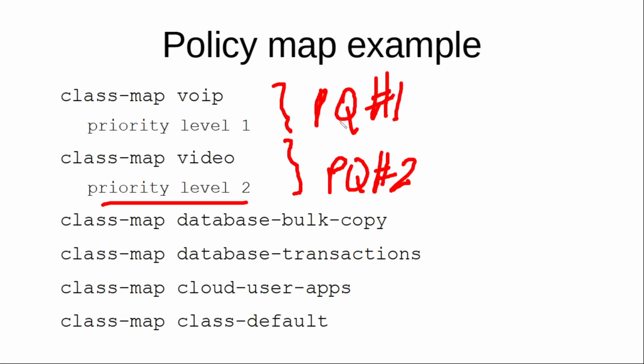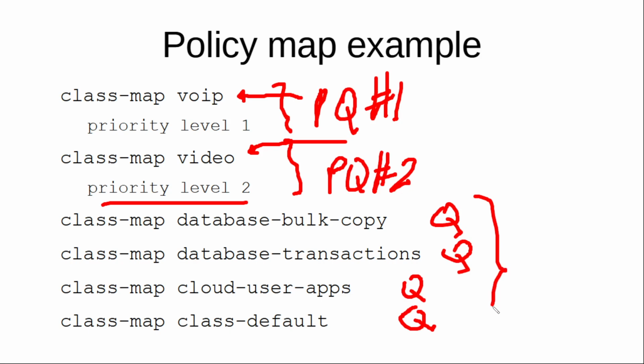Notice that priority queue number 1 usually is used for voice over IP, and your priority queue number 2 is usually used for video. And then you have your normal queues here. These normal queues here will be served by a weighted round robin algorithm most of the time. This is the most common scheduling algorithm out there. That's it.